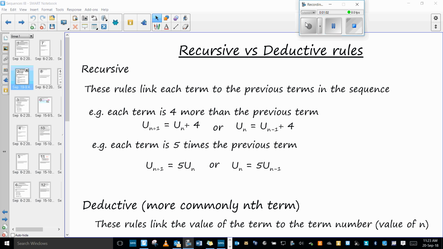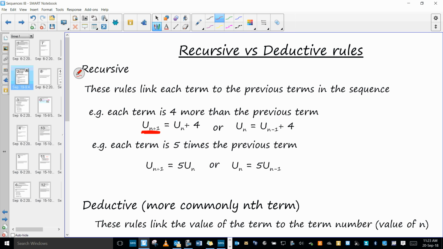Now, there's different ways of writing it. These are just talking about the one previous term, but it could be two previous terms. So recursive sequences, for example, could be that if you knew that each term was 4 more than the previous, you could say that u_(n+1) would be equal to u_n + 4. So let's have a think about that.